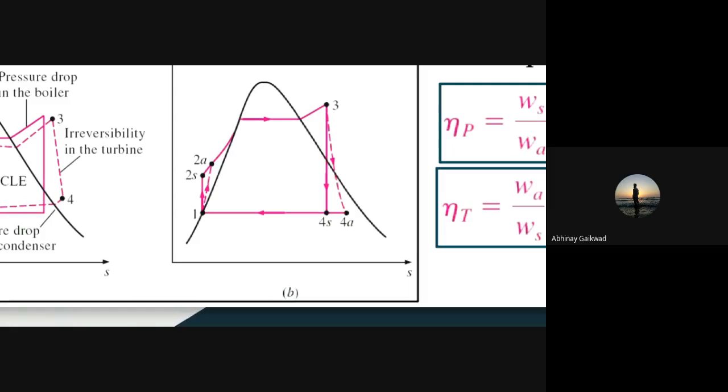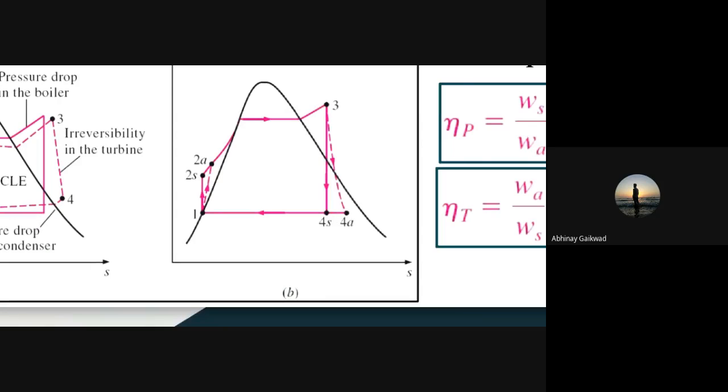Due to heat loss or fluid friction, our cycle efficiency is going to decrease.